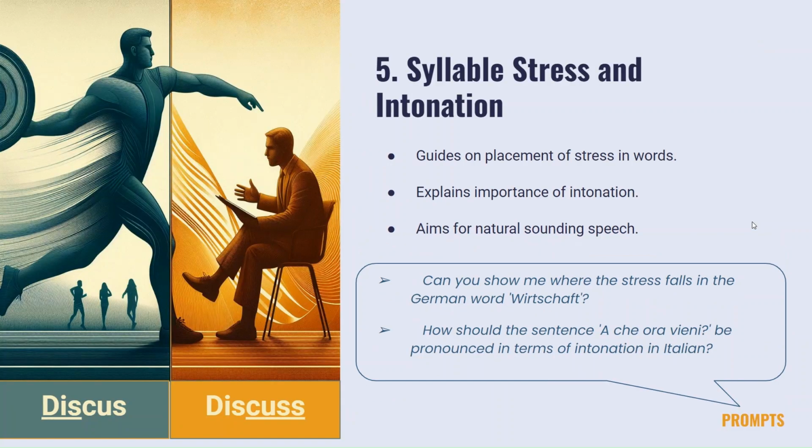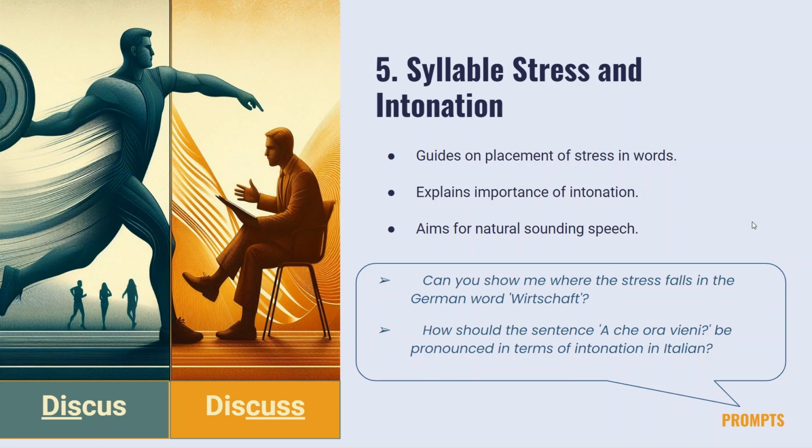We also have an important focus on syllable stress and intonation. ChatGPT can guide on placement of stress in words, and explain the importance of intonation in order to get more natural sounding speech.